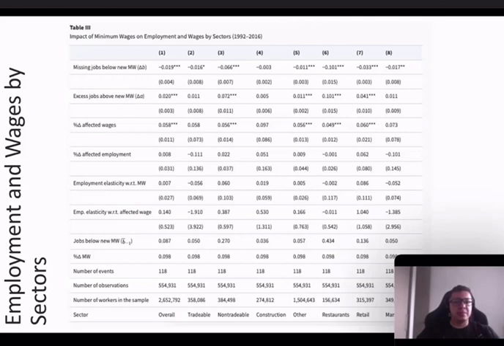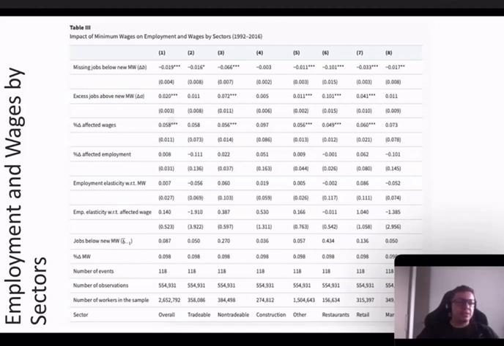The table reports 5 year average post-treatment estimates on the missing jobs up to $4 below the new minimum wage, excess jobs up to $5 above it, and employment and wage for all sectors in column 1.